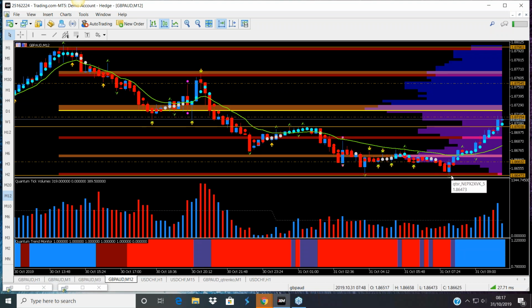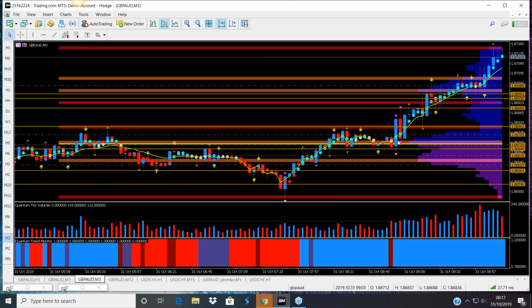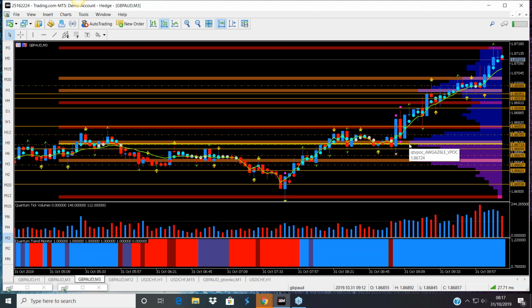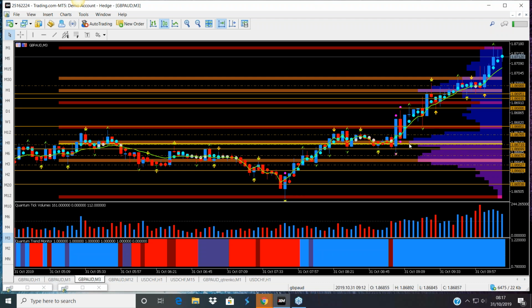Well, it will certainly be below that support platform, but it could be a lot further away than if you were using something like the VPOC. Now, why the VPOC is so good is it immediately tells you this is the area where we have had, if you like, fair value, and because of that it is stronger.